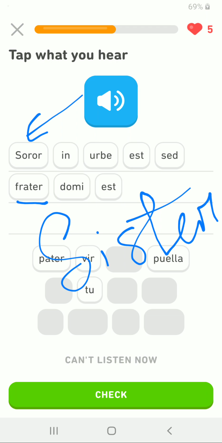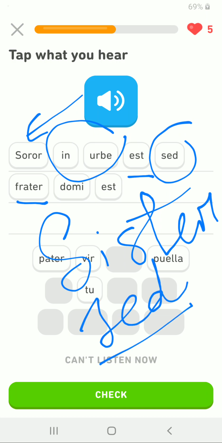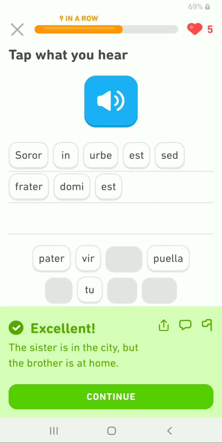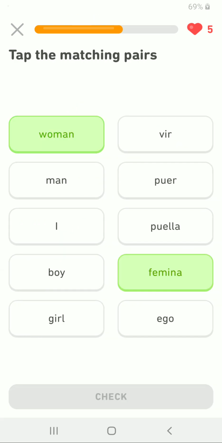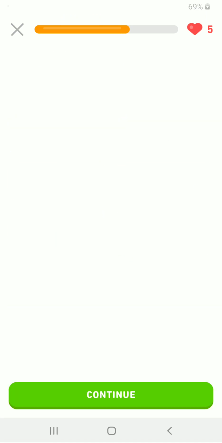The soror, the sister, is in the city, in urbe. Est is is. So the sister in the city is. Sed is but. Frater at home is. Literally translated.